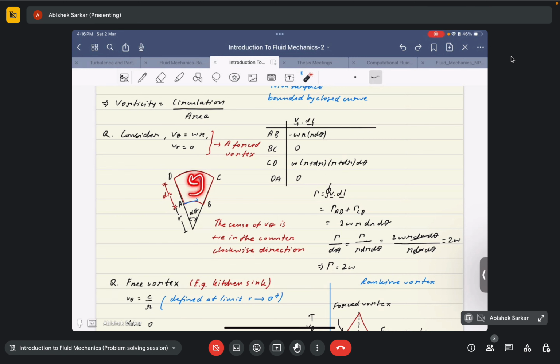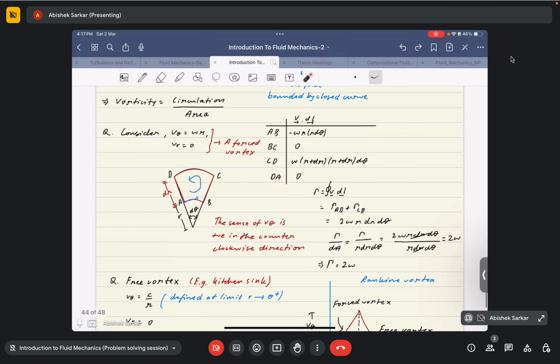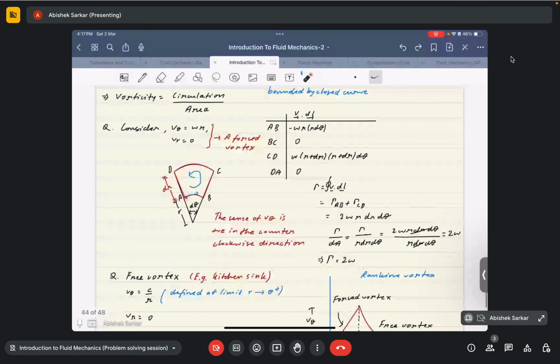Since we are doing this evaluation along the counterclockwise direction, and the velocity component along the curve is towards the clockwise direction, the net product of v dot dl is minus omega r into r d theta.